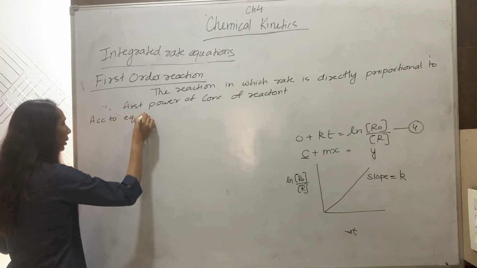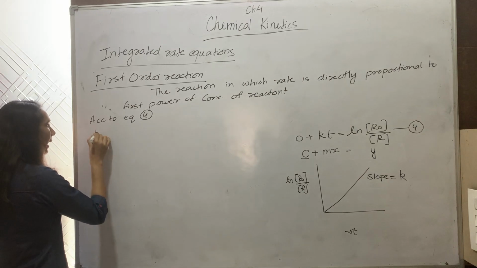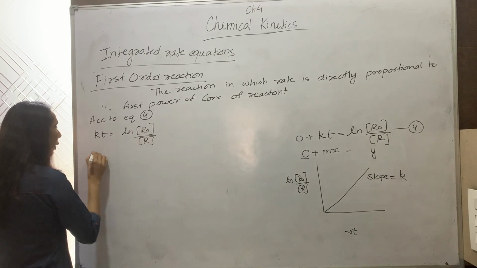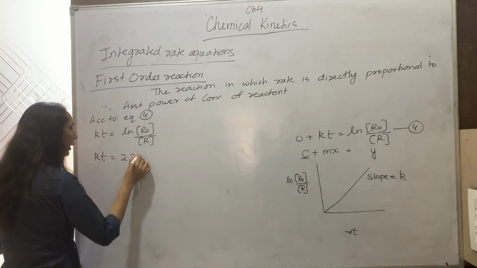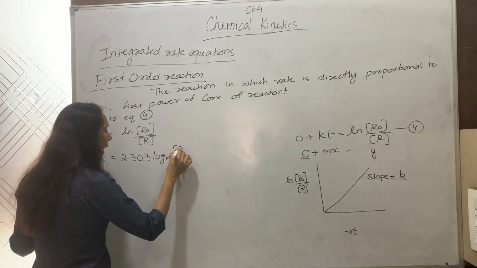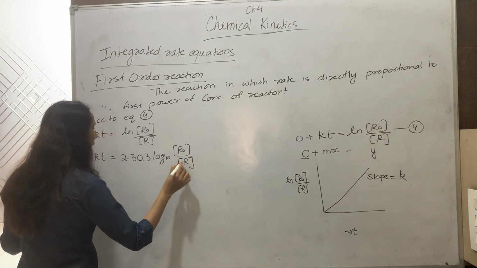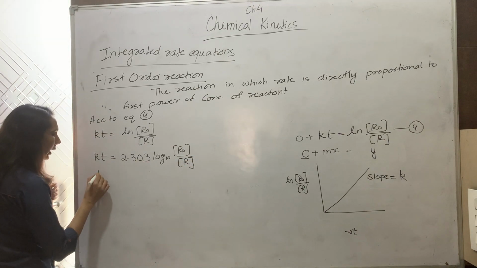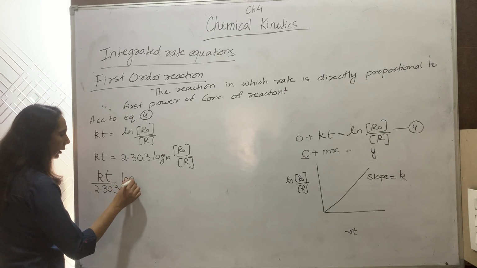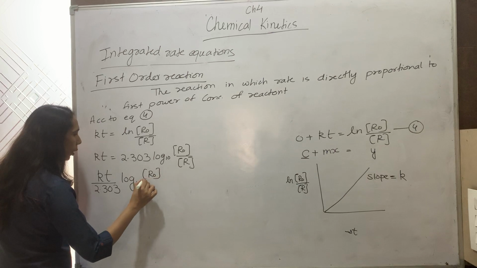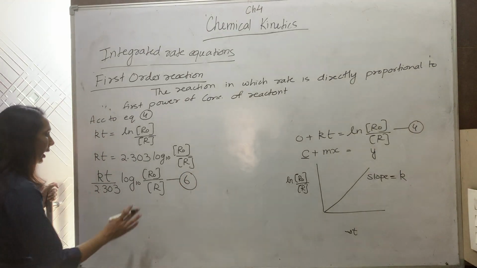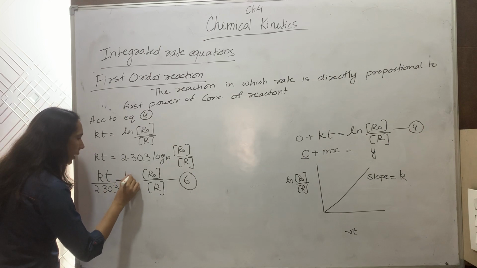According to equation 4, kt is equal to ln R naught upon R. We know that I can write kt is equal to 2.303 log to the base 10 R naught upon R. I can take 2.303 this side and write it like this: kt upon 2.303 is equal to log to the base 10 R naught upon R. This I put as equation number 6.